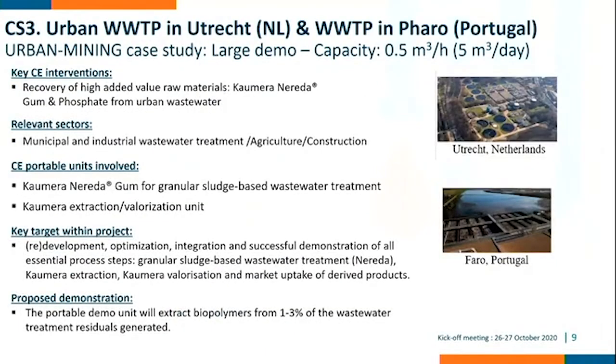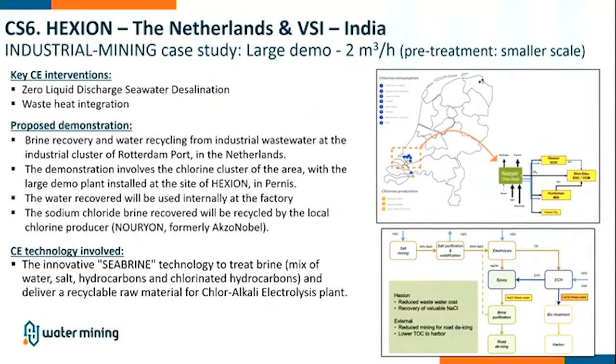The second case is either the wastewater treatment plant of Utrecht or the wastewater treatment plant of Pharo, to be defined soon. And these both belong to the urban mining group. And the third case in which we will develop and deploy is the plant at the Hexion site, which belongs to the industrial mining group of cases.